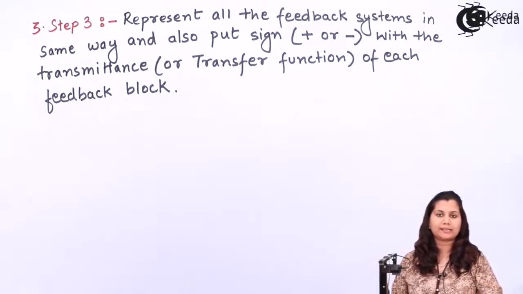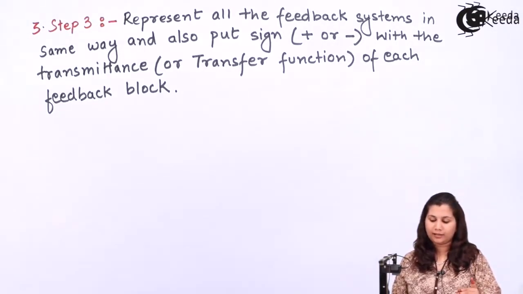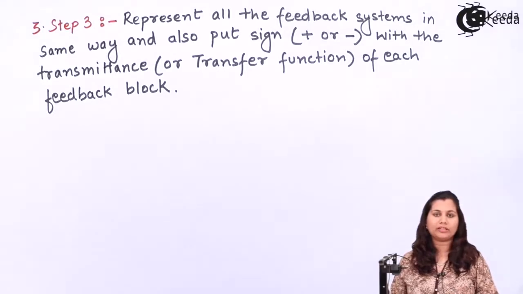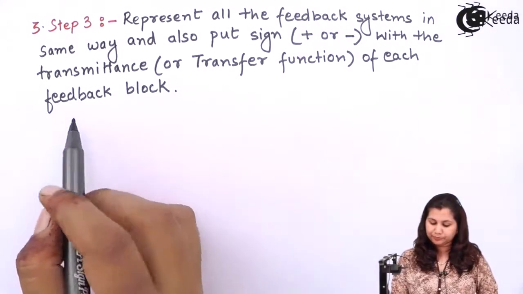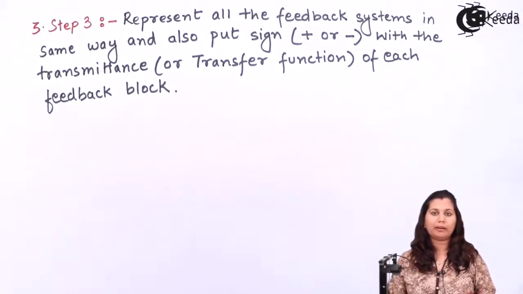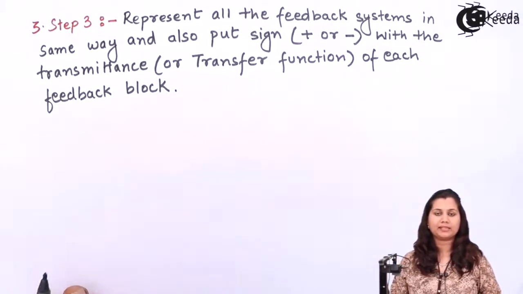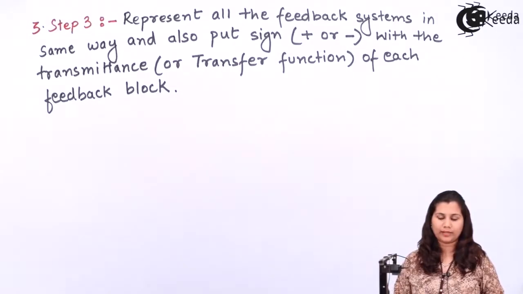A negative sign will show that it is a negative feedback system, otherwise a positive feedback system. And in this way, all the feedback paths will be represented in the signal flow graph.